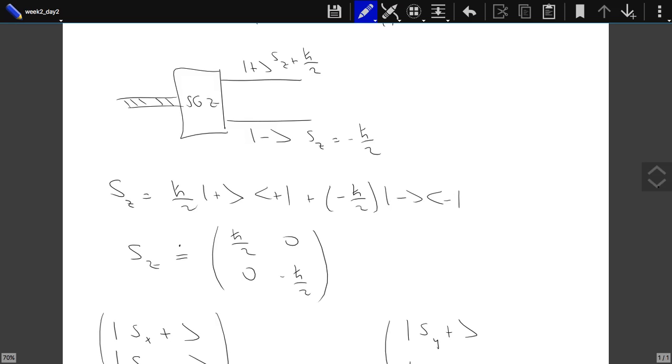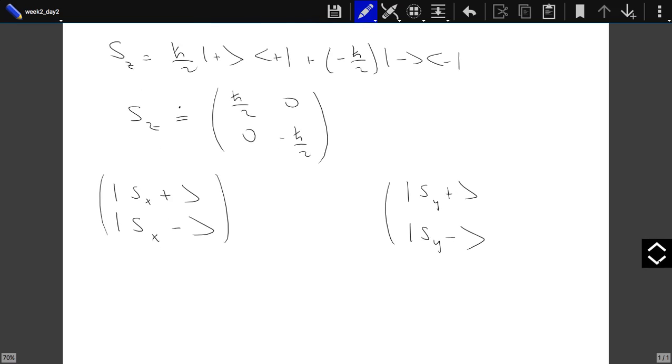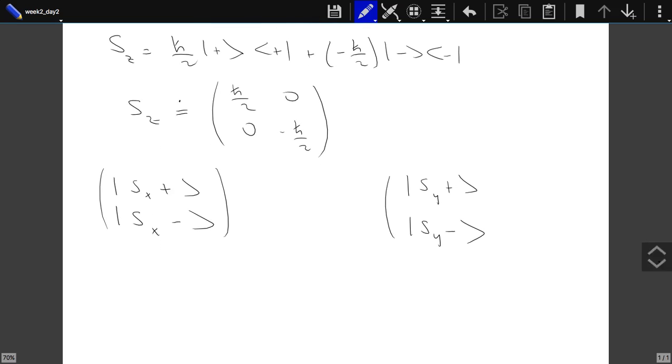So we will be describing our states in terms of this Z plus and Z minus states. If these two states are enough to describe our system, whatever our system is, we should be able to also express the Sx plus, Sx minus, Sy plus, Sy minus states in terms of these plus and minus states.